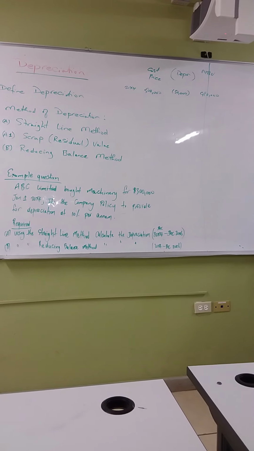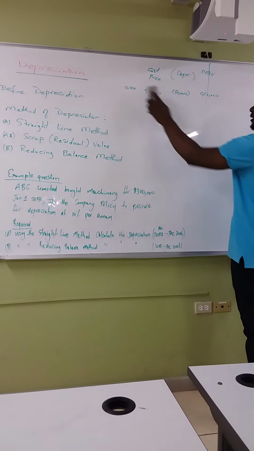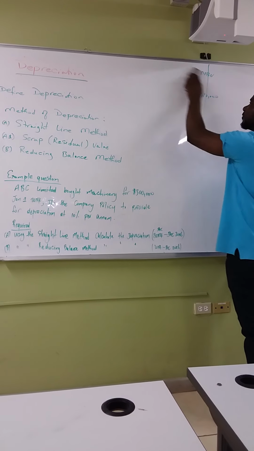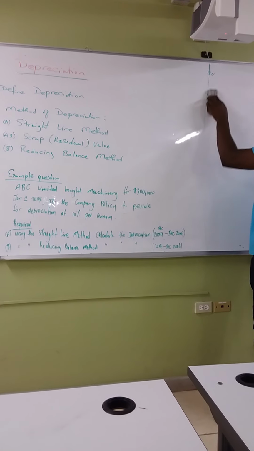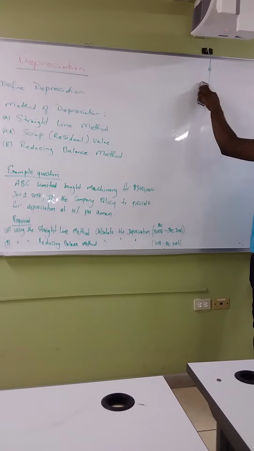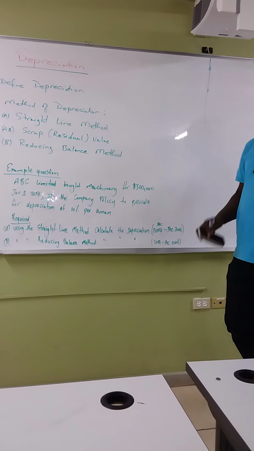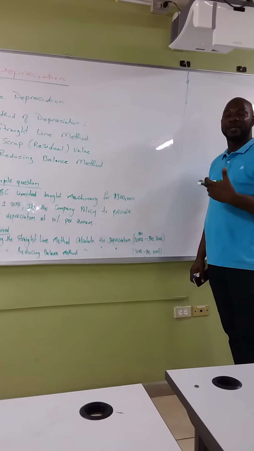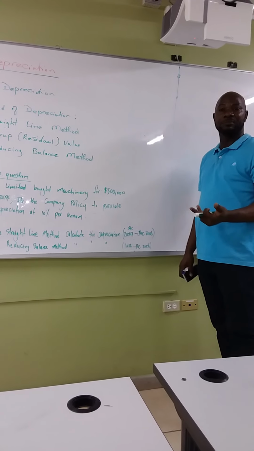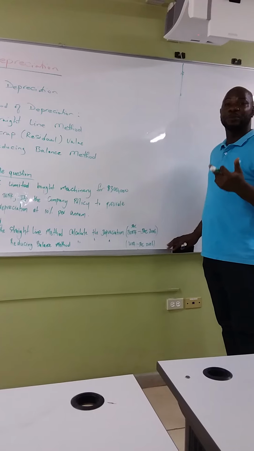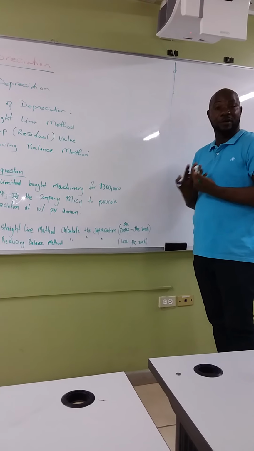Now, what you need to understand is that in the year of purchase, when you just acquire the asset, the cost price and the net book value of the asset would pretty much be the same, because there will be no previous depreciation that you would have incurred on the asset.